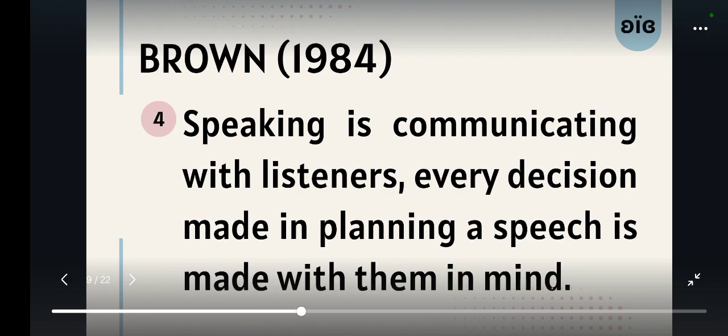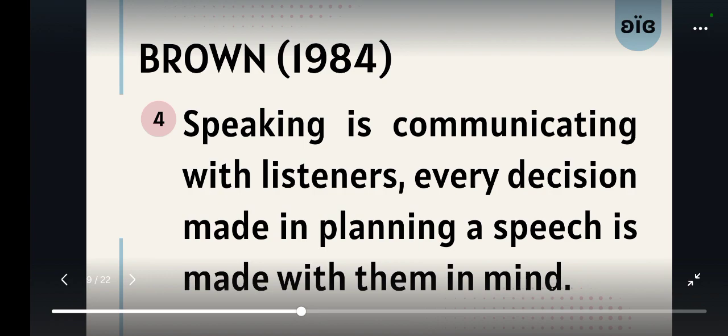And according to Brown, speaking is a communicative activity with listeners wherein every decision made in planning a speech is made with them in mind. So of course, as I have said a while ago, we should consider our audience in terms of speaking. So every topic, every idea, thought, or opinion that we have should be in accordance with who will be listening.